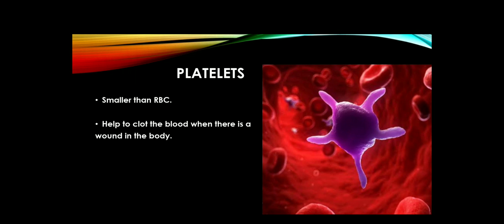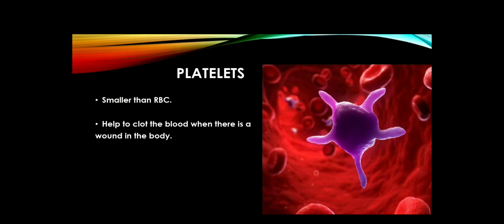Okay, and platelets, see, whenever we get hurt, it starts bleeding. But one thing you observe is that it will not continue to bleed. After some time it will stop. Who will help you to stop this? The blood cell. The name of the blood cell is platelets. Platelets will help to clot the blood.